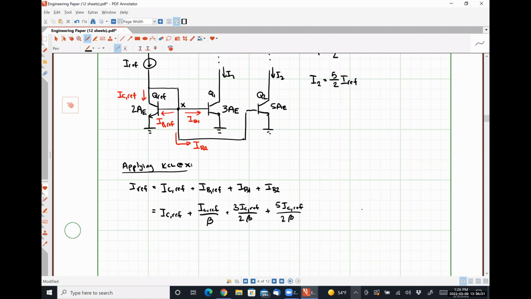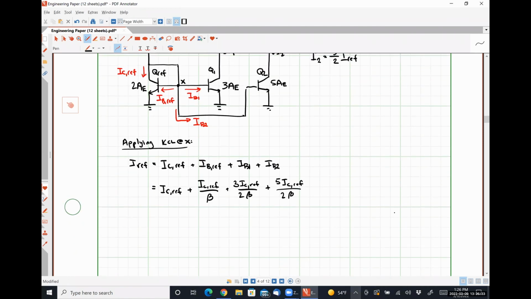So we can factor out ICREF, and we're going to call that 1 ICREF times twice beta over twice beta. We're going to call that 1 over beta times ICREF, 2 over twice beta.